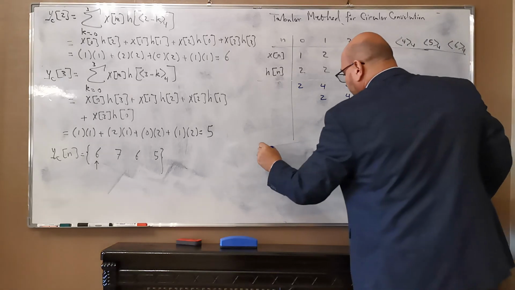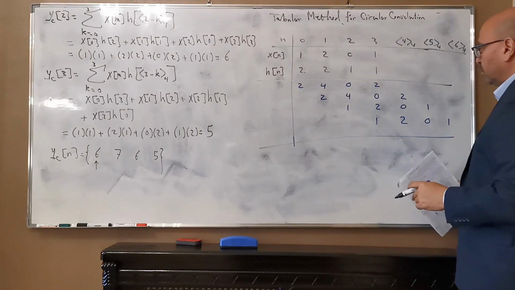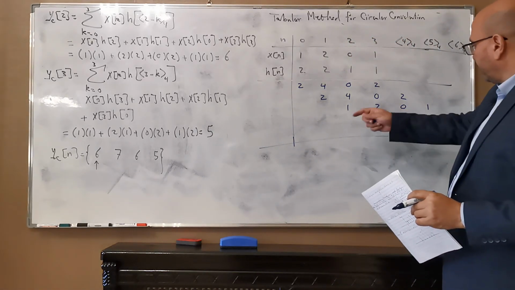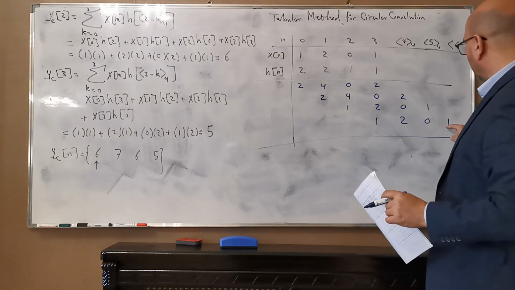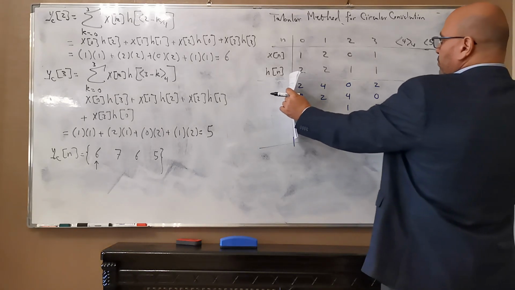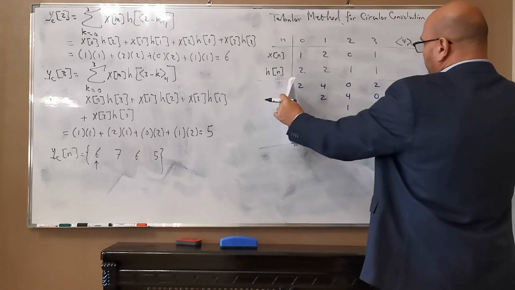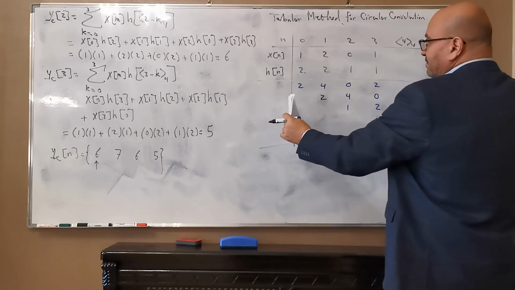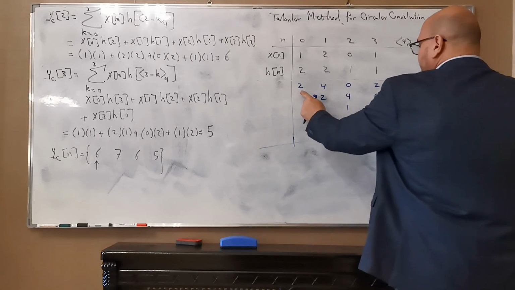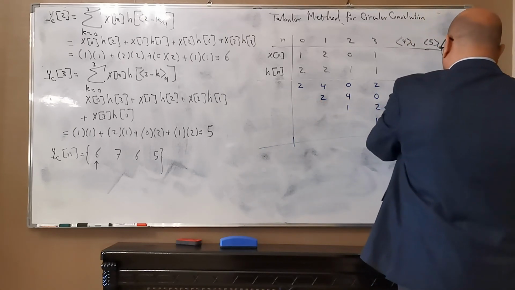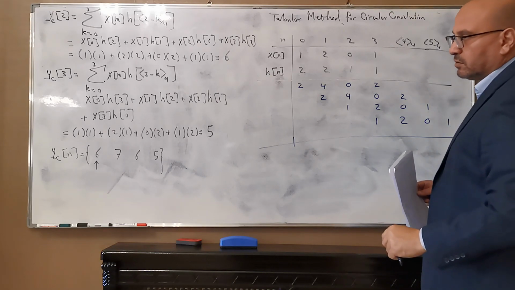Okay? Now, we notice that this is the linear convolution, and you end up with those values. If you do the linear convolution, it's 2n minus 1 points, so 4 plus 4, 8, minus 1, 7. So you have 1, 2, 3, 4, 5, 6, 7, so you have 7 points.